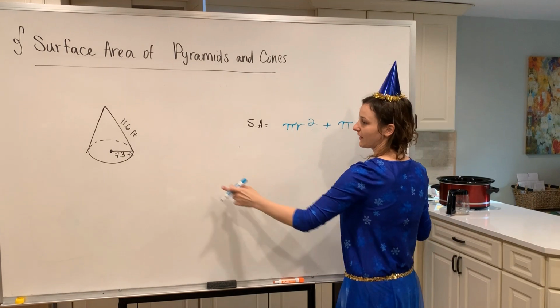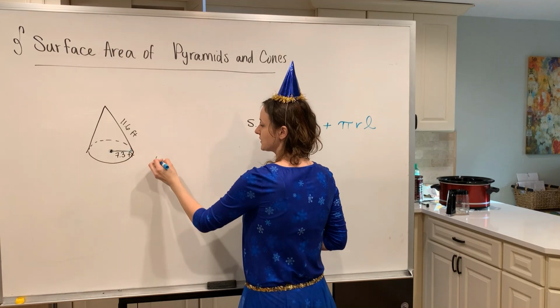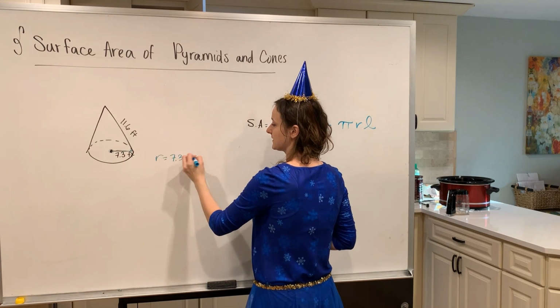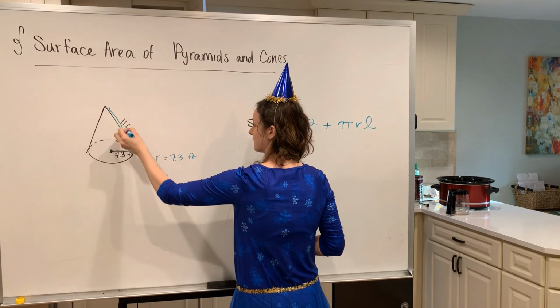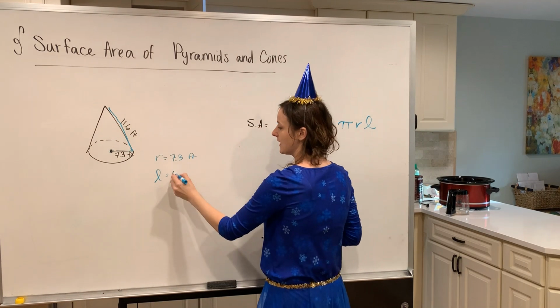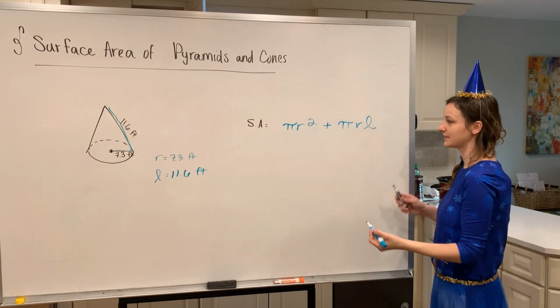So notice here that the radius is going to be the distance from halfway across my circle to the outer edge. So the radius here is 7 3/10 of a foot. And my lateral height is going to extend from the top down to the base circle, and that's 11 6/10 of a foot, okay? So now we can plug these values in.